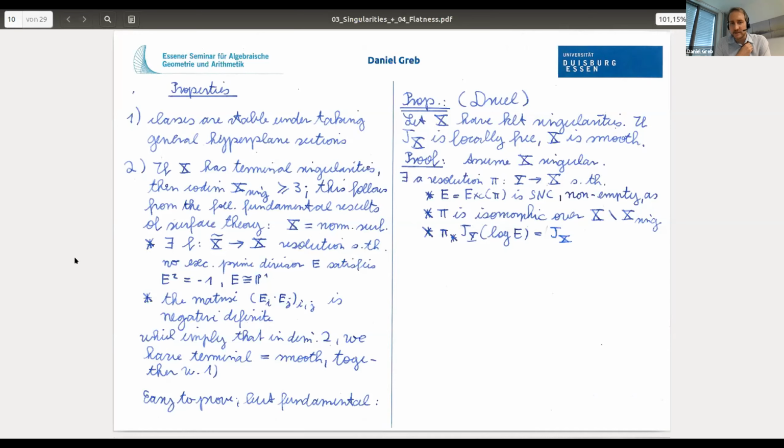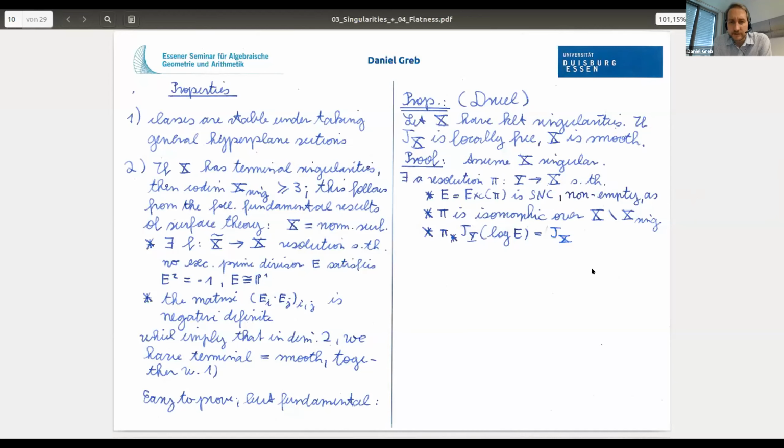Assume that X is singular, then you refer to the existence of a special resolution, a so-called canonical resolution, so desingularization, which has exceptional divisor E, where the resolution is an isomorphism over the nonsingular set.